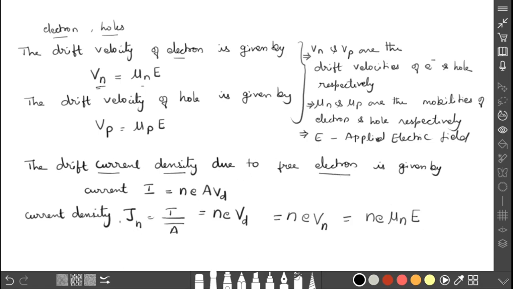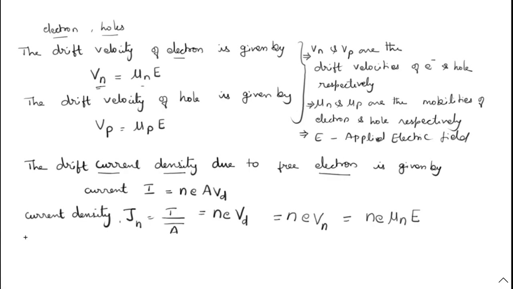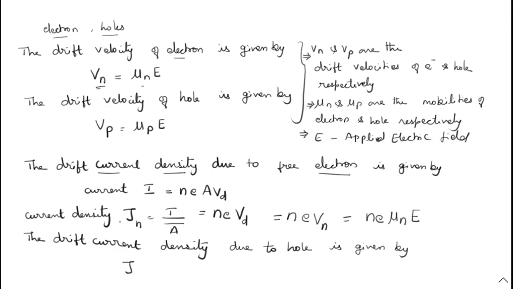The same thing we can write for hole also. Directly I am going to write this. The drift current density due to hole is given by, now what is the current density of hole? Jp.